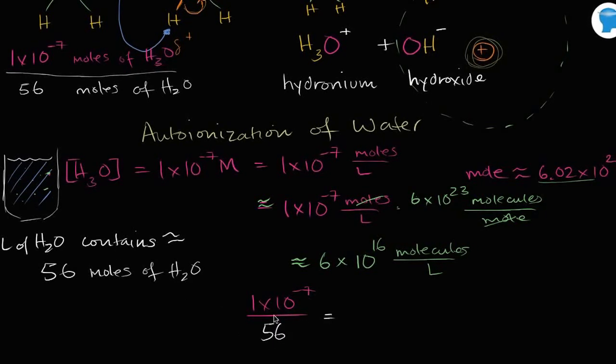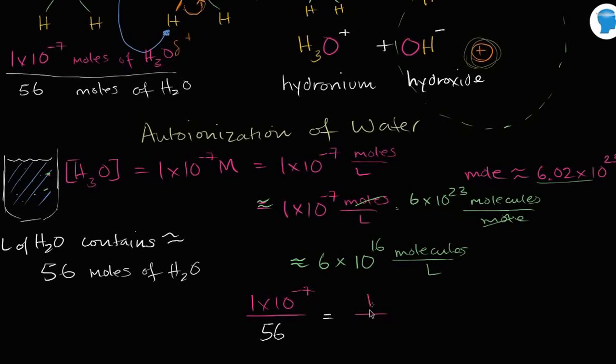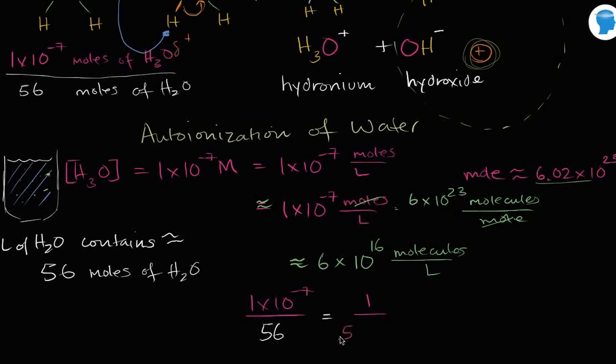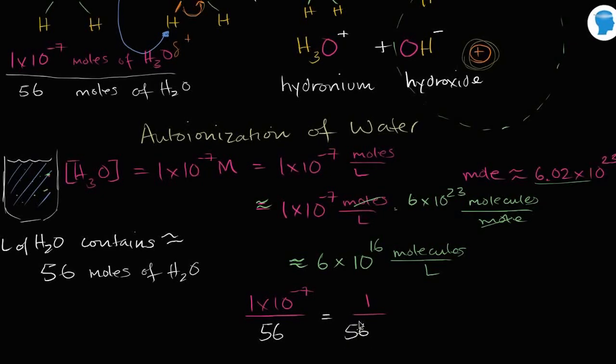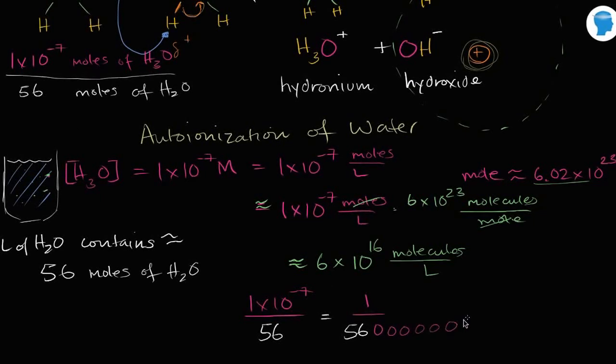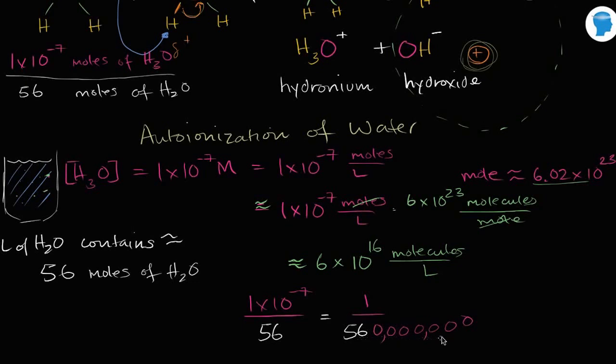So this is the same thing as the ratio of hydronium to regular water, H2O, is going to be 1 to, if I multiply 56 times 10 to the 7th, I'm going to have 5, 6, and then 7 zeros at the end of it. 1, 2, 3, 4, 5, 6, 7. So the ratio of hydronium to regular H2O is 1 for every 560 million.